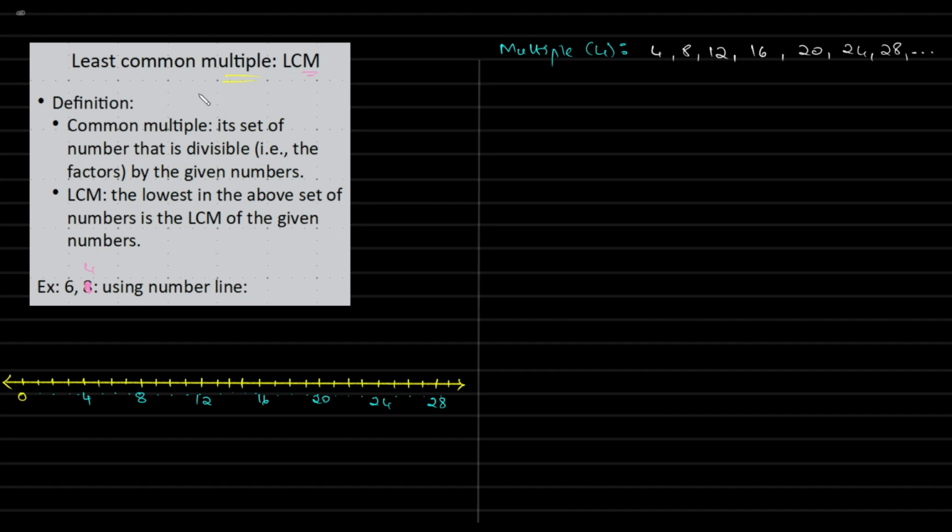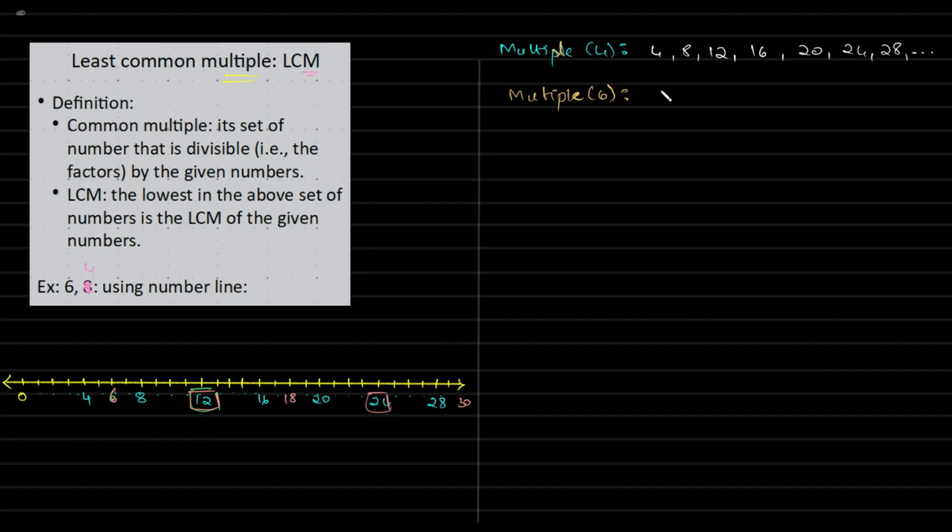The next is multiples of 6. We'll start off with 6, then the next number is 12, then 18 over here, then 24, then 30, right?